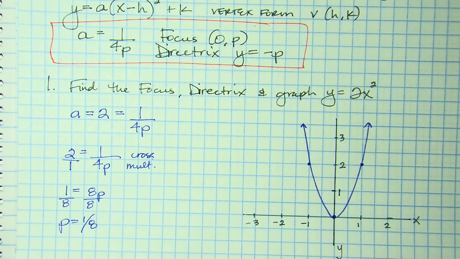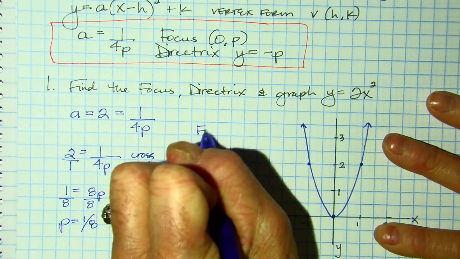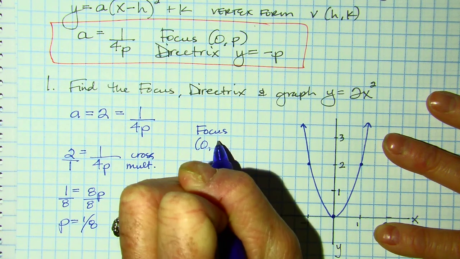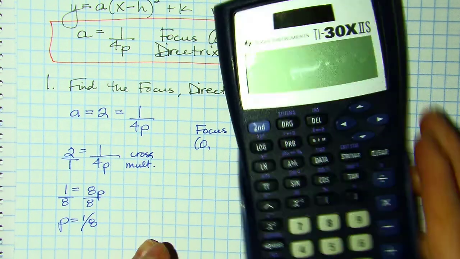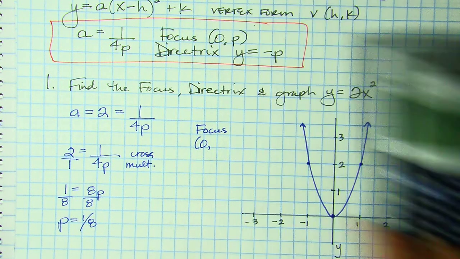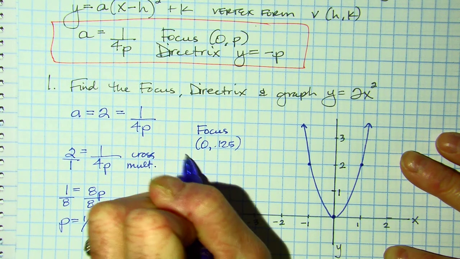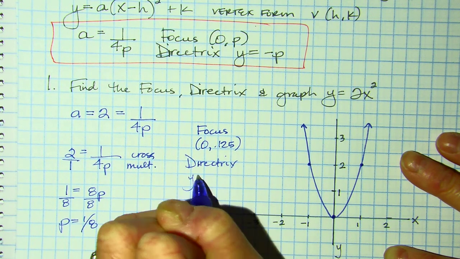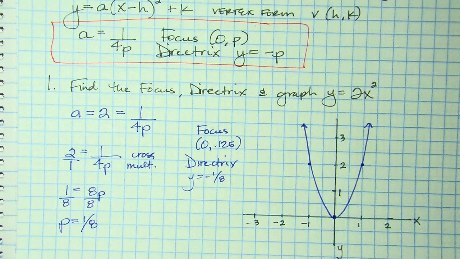Okay. So if P equals 1/8, then I know my focus is at 0, whatever P is, so 0, 1/8. 1/8, if you prefer a decimal, I believe is 0.125. Yep. And my directrix will be at y equals negative 1/8 according to my formula.